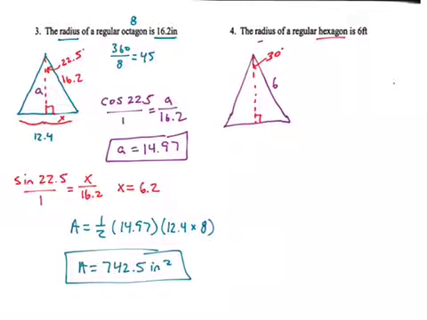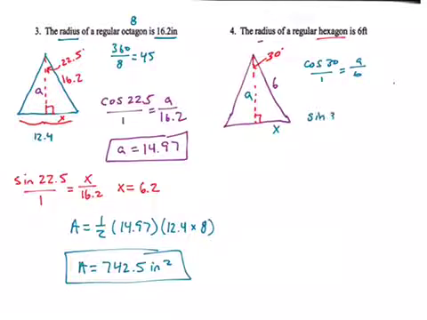We need, in this case, to find not only the apothem, but the side length, or part of the side length. So we're going to use trig again. For the apothem, we'd be using cosine. For the side, we'd be using sine. So cosine of 30 over 1 equals A over 6.